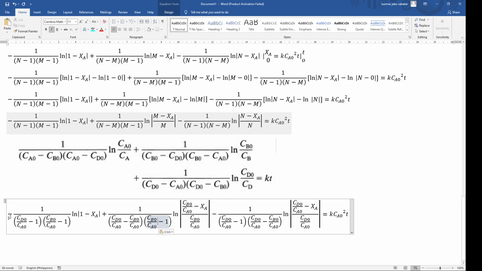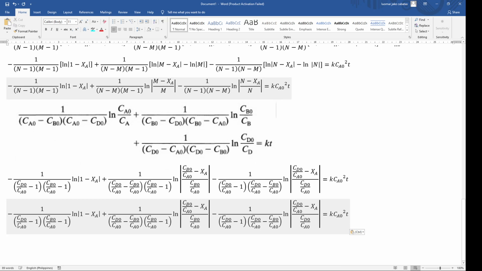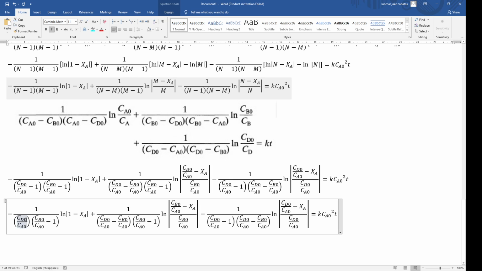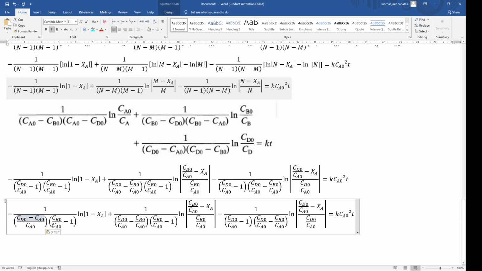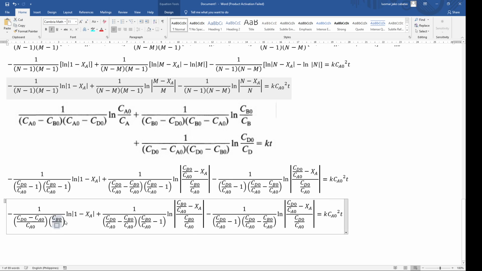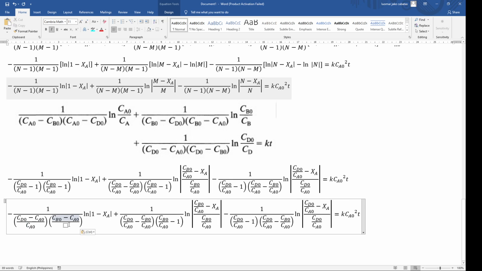Okay, so simplifying, what we could do is multiply this with CAO. So ang 1 multiply into CAO, so this would become CDO minus CAO. Same dito, CAO, CAO.